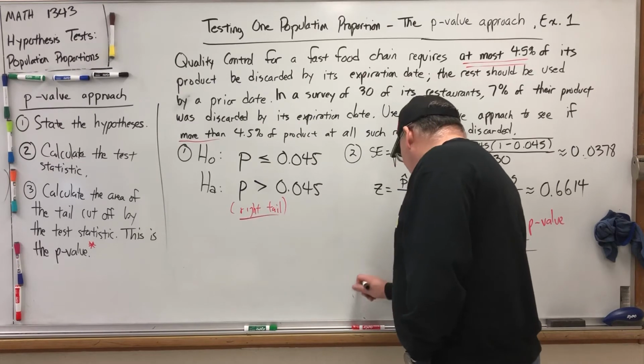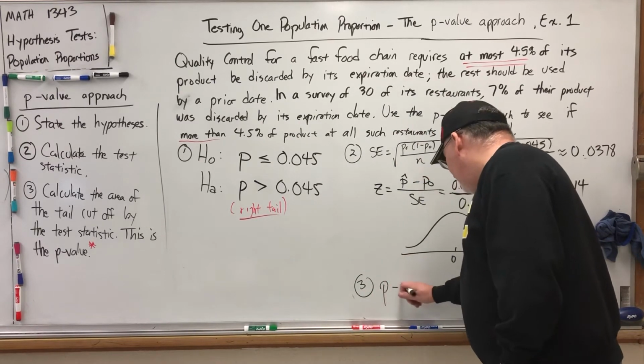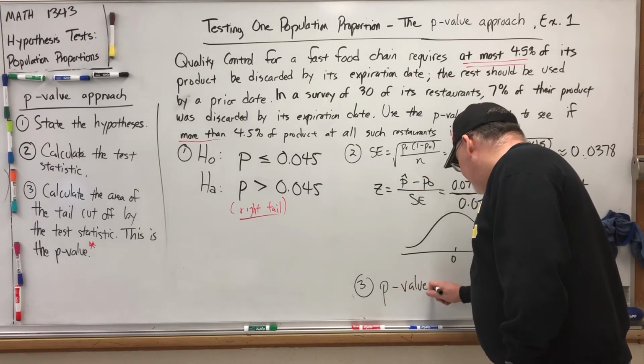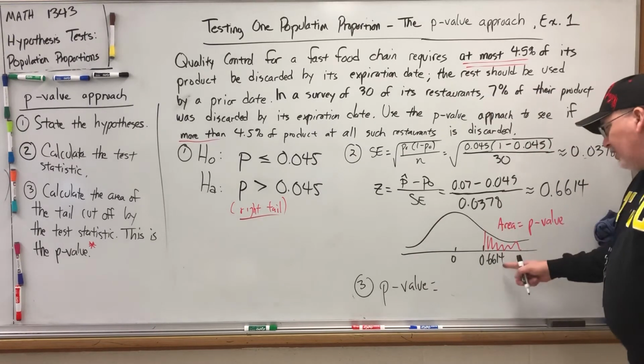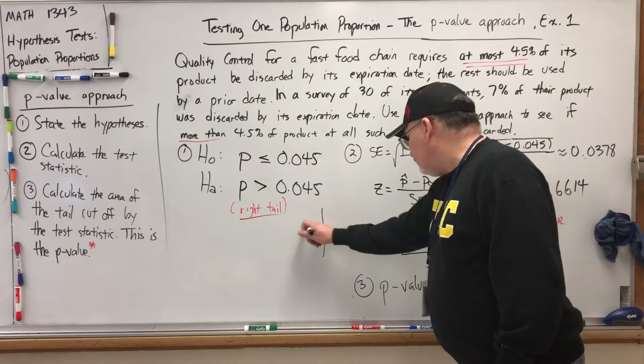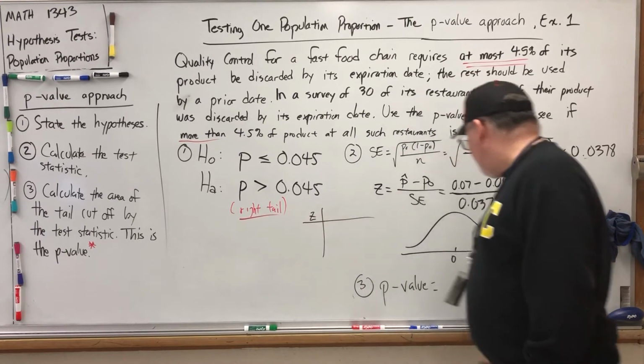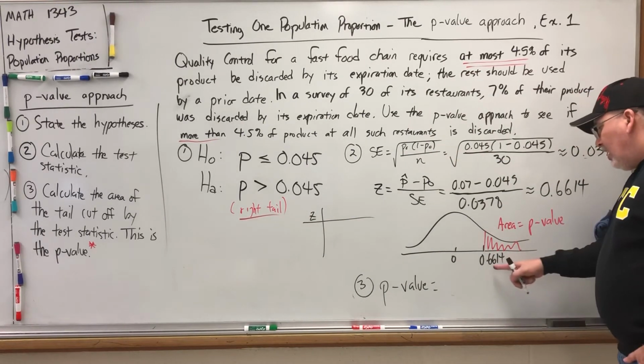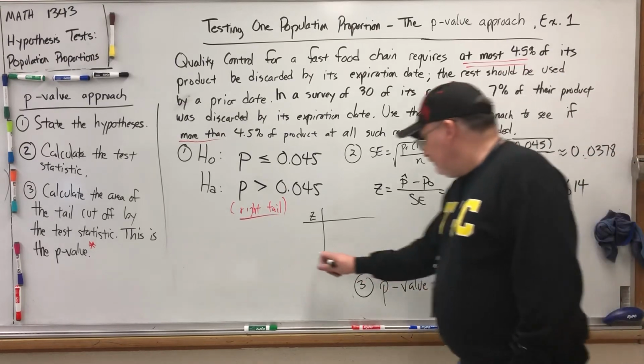So step 3, our p-value is, now if we're using our z-chart, we really don't need this many decimal places, because remember, in our z-chart, the z-scores are split into 2 parts, 1 digit to each side of the decimal.